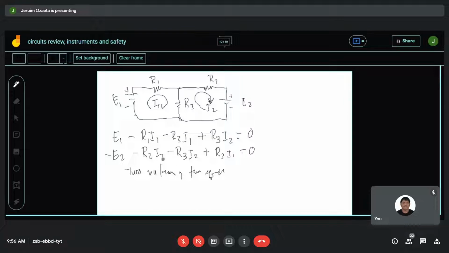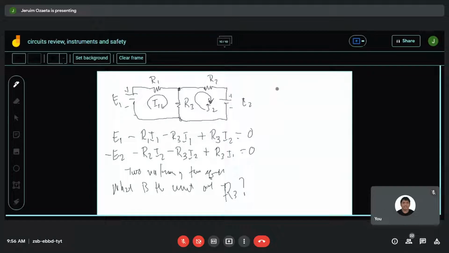The question is, what is the current at R sub 3? What will be the current at R sub 3 when there are two currents flowing in it?